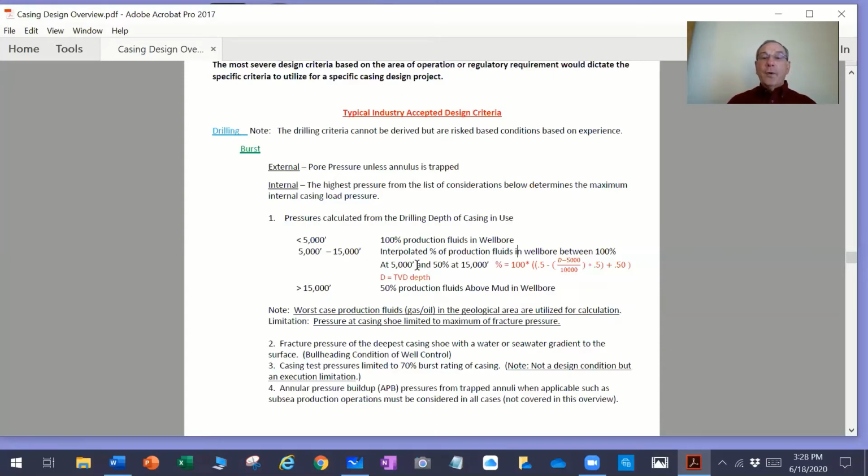For every 1,000 feet above 15,000 feet, you add 5%. So at 15,000 feet, it's 50% production fluids. If you came up to 14,000 feet, it would be 55% production fluids. I have put the little formula over here that you can use to interpolate to come up with your fluid level in the well bore.